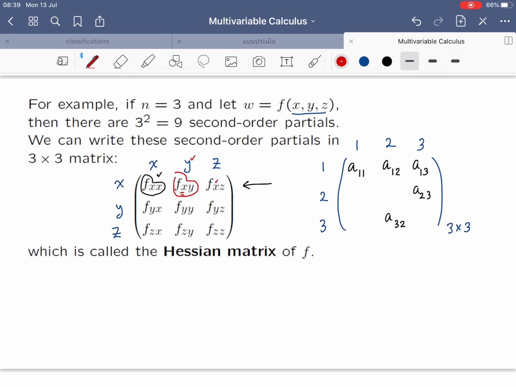This one is on the x row, the z column, so you have f sub xz. How about this one? It is on the y row, the z column, so you have f sub yz. And this one is on the z row, the x column, so you have f sub zx. This arrangement of the matrix is called the Hessian matrix.